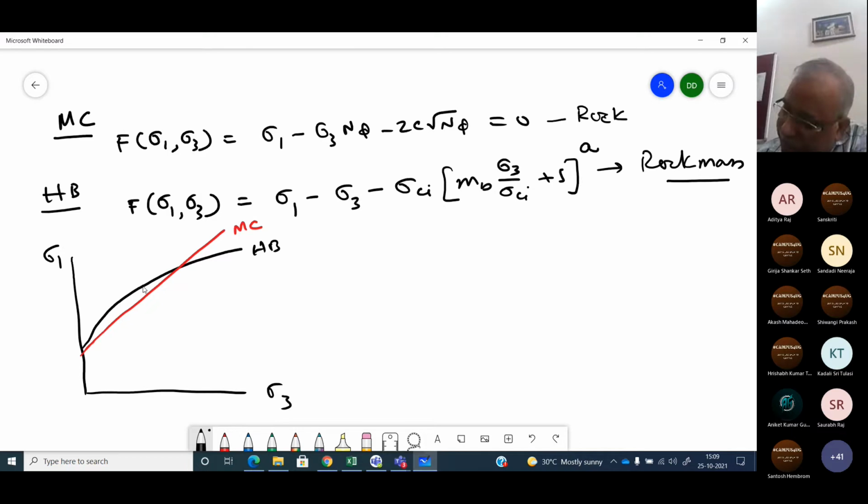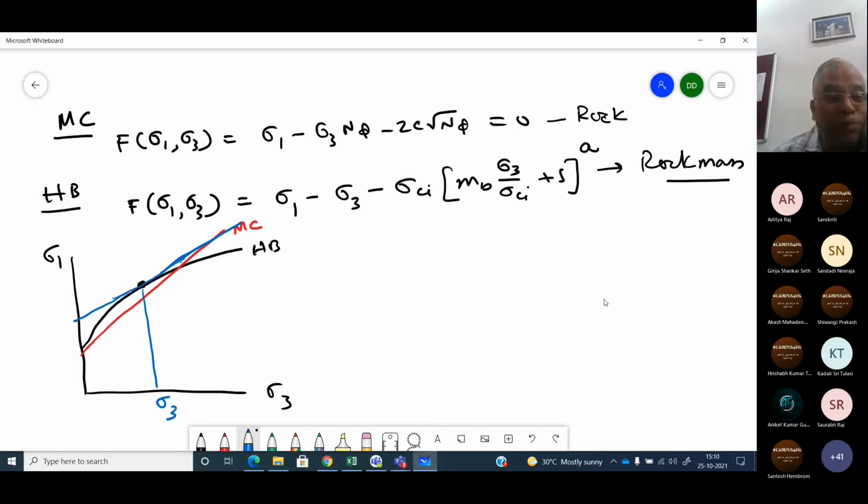One of the ways to compare is, if I take any point here, and draw a tangent here, and assume this tangent is my MC criteria at that particular point, then I can make an attempt to make them equivalent.